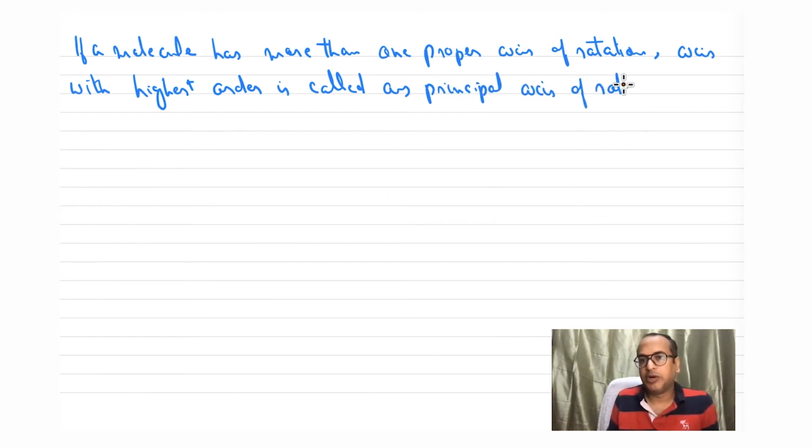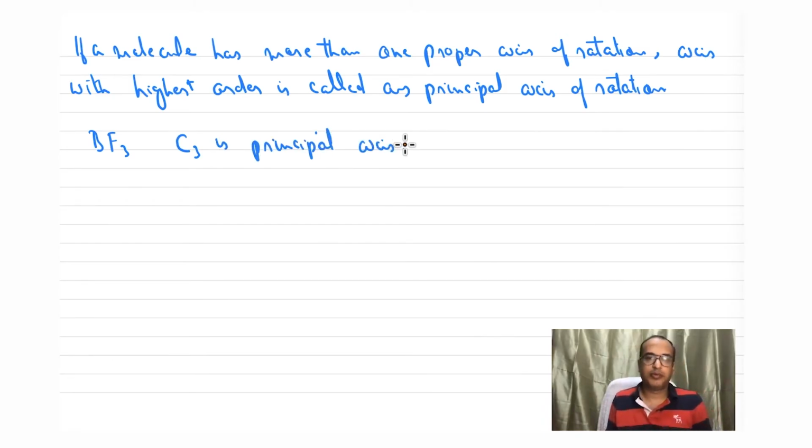Principal axis of rotation. So in case of BF3, C3 is the principal axis. Right. So let's see more examples.